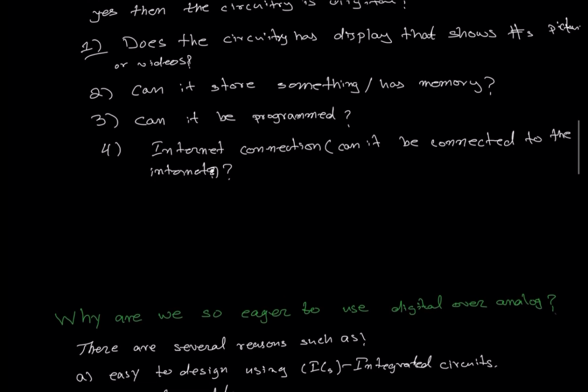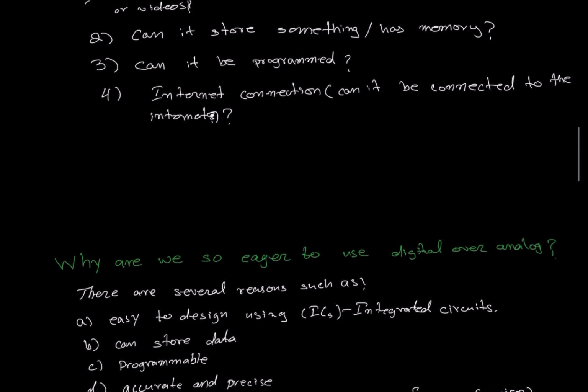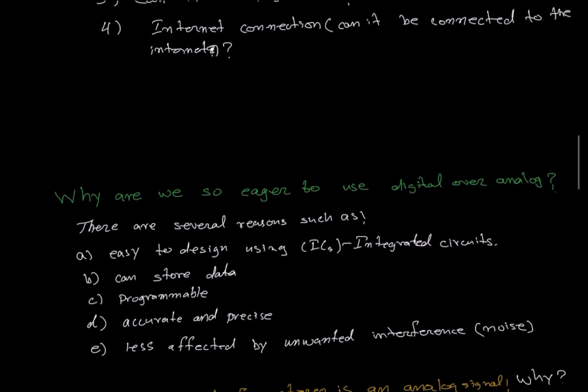Now the question is, why are we so eager to use digital over analog these days, or why is it becoming so famous? There should be several reasons for that. Why are we using it? The first answer: easy to design using ICs, integrated circuits.